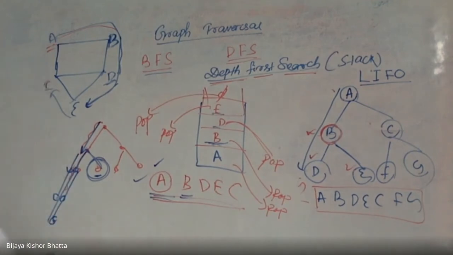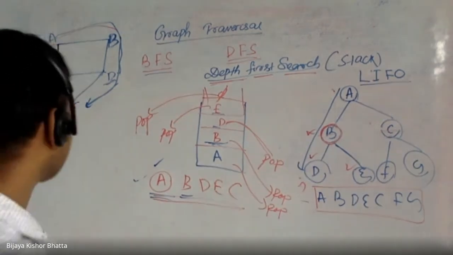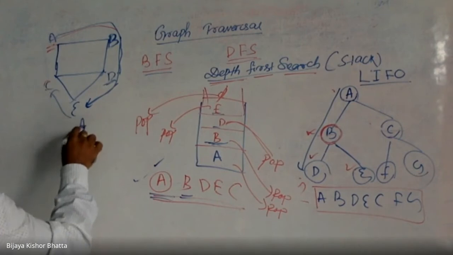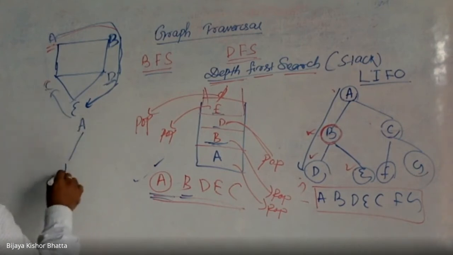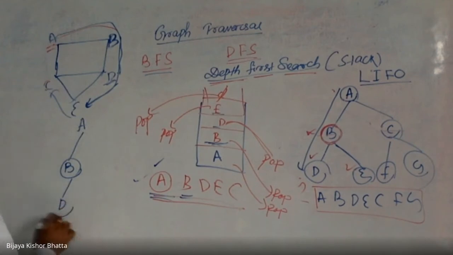If you construct this, you can see why and how it followed depth-wise. Suppose this is my vertex A, right? A is connected to B. B is also connected to D, D is connected to E, right?